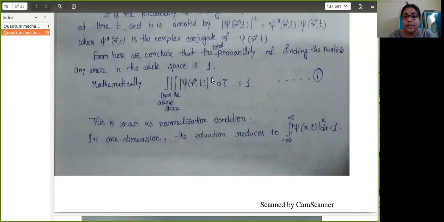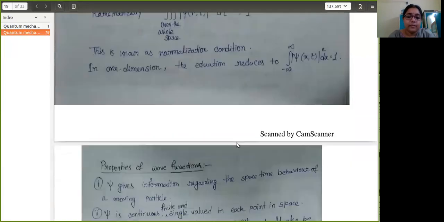So this is for 3 dimensions, and for 1 dimension the equation reduces to this. Integration from minus infinity to plus infinity of mod psi of x, t whole square into dx is 1. Look here, it was a function of r in 3 dimensions. In 1D it is a function of x.